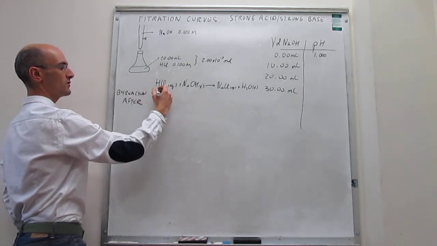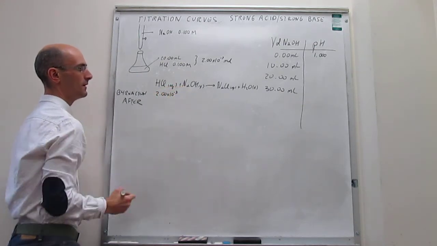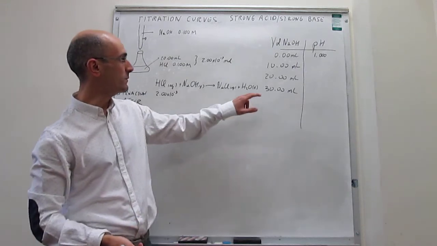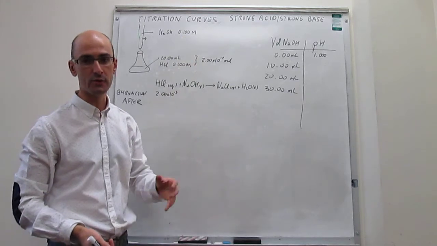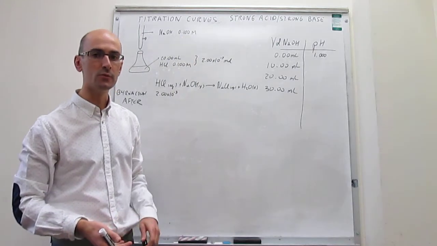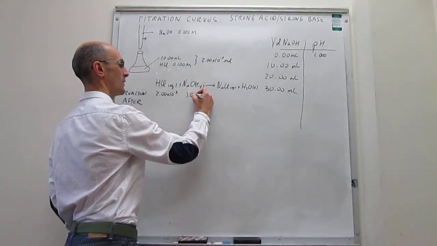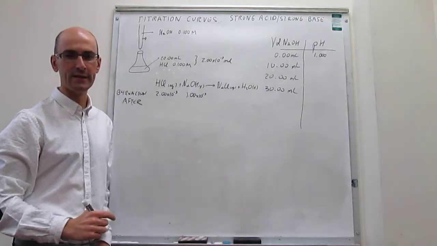Before the reaction we will have 2.0×10^-3 mole of acid, and the amount of moles of sodium hydroxide that we're adding is given by 10 mL of 0.1 molar concentration, and that amounts to 1×10^-3 mole. We won't have any initial products.